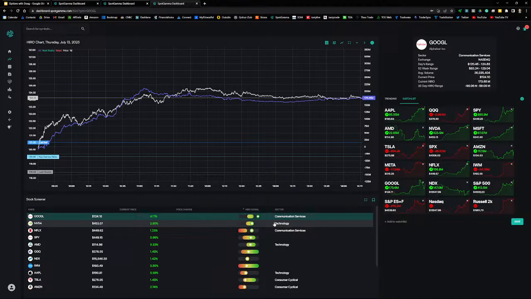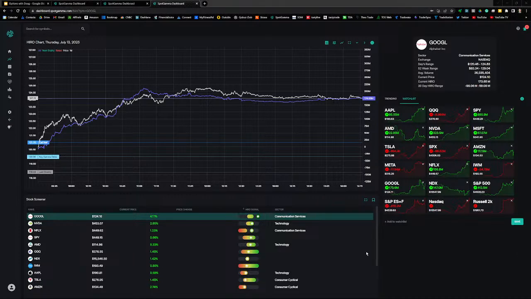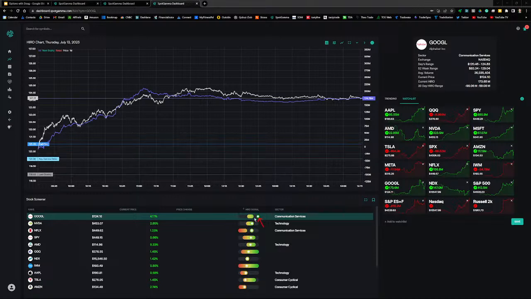If people want to see that, I can start doing that again. So here's a good example right here. The Hero signal for Google is stronger than it has been in the last 5 days, shown by the colored portion, and also stronger than it has been in the last 30 days, shown by the entire length of the slider.